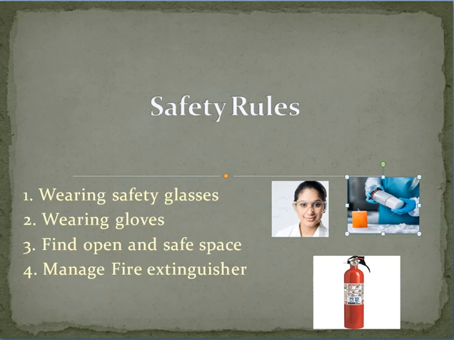Wearing gloves, and you also need to find open space, means big space, and then you can move all around easily, safe space because of the involvement of fire, wax, and essential oils. And you also need to have a fire extinguisher. Here you go here. So, do you have any questions about the materials and tools mentioned above?